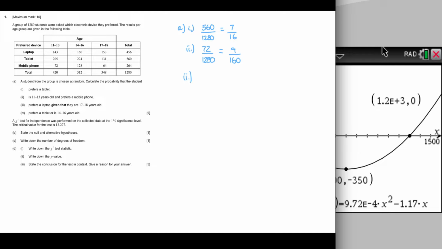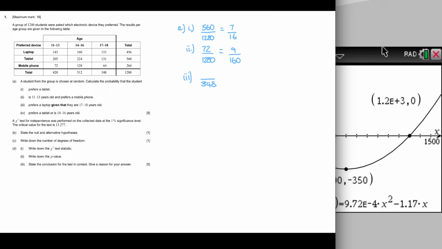Part 3 is then asking that they prefer a laptop given that they are 17 to 18 years old. The important part of this is given. As soon as you see given, you know that the denominator, this number here, is no longer 1,280. It's now that they are 17 to 18 years old, which is 348.